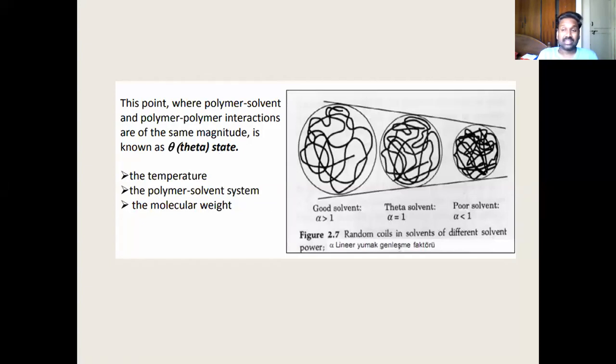Okay, so what is a theta state? It is a situation in which the polymer-solvent and polymer-polymer interactions are to the same extent.